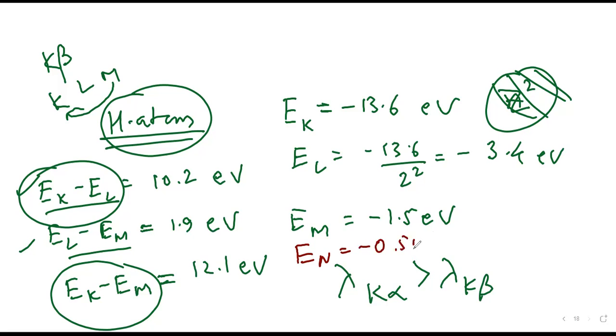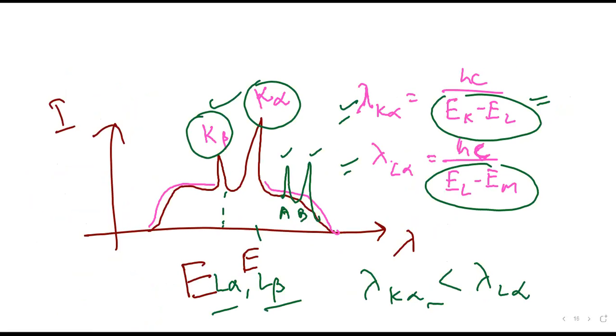It will be minus 0.51, right? So the difference is less. What I'm saying is that L alpha has a greater energy, so the wavelength would be smaller. L alpha will have a smaller wavelength because it has a higher magnitude of energy.